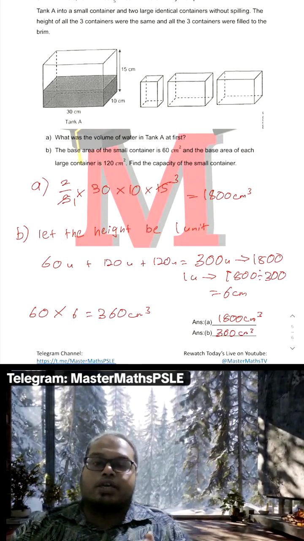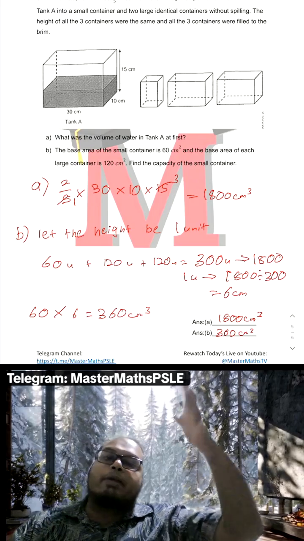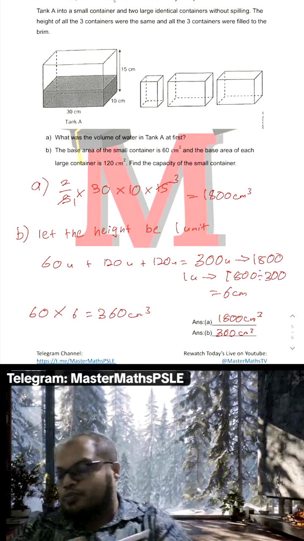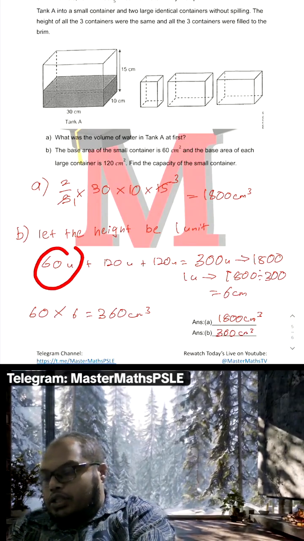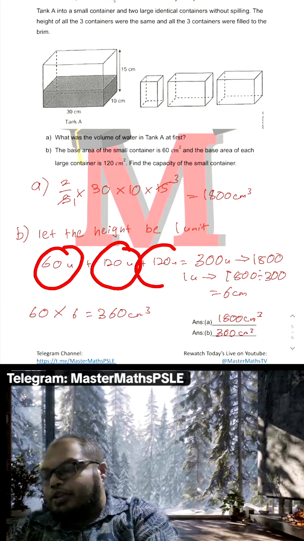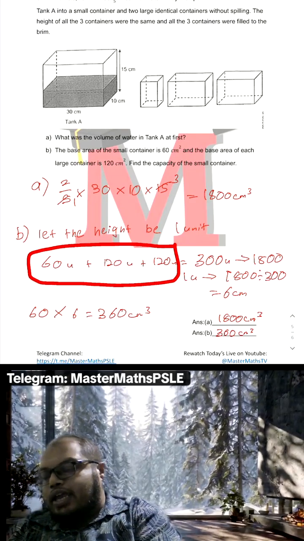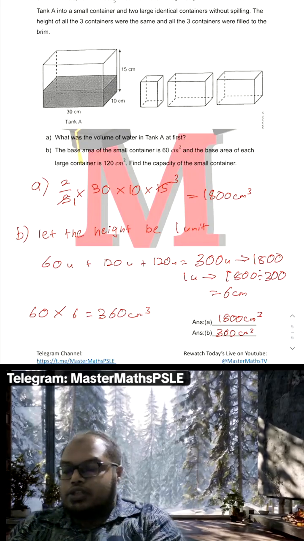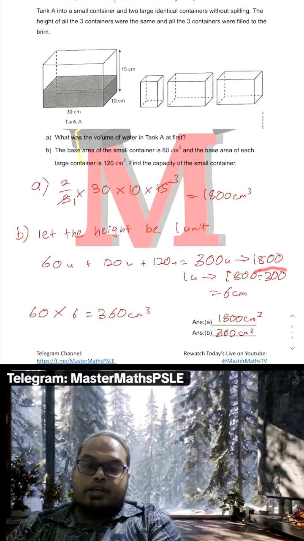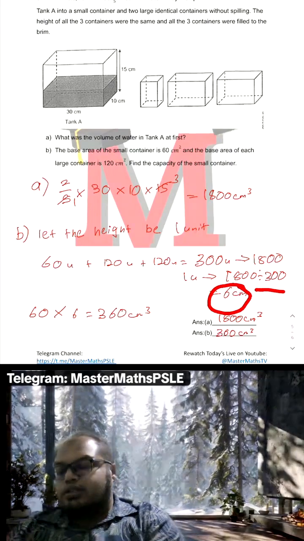Because base area is basically your length times breadth. Then all you need to do is multiply by the height. You get volume. So 60 units, 120 units, 120 units. I plus all together, I get 300 units. 300 units is 1800. Then I solve by dividing by 300. I got 6 cm.